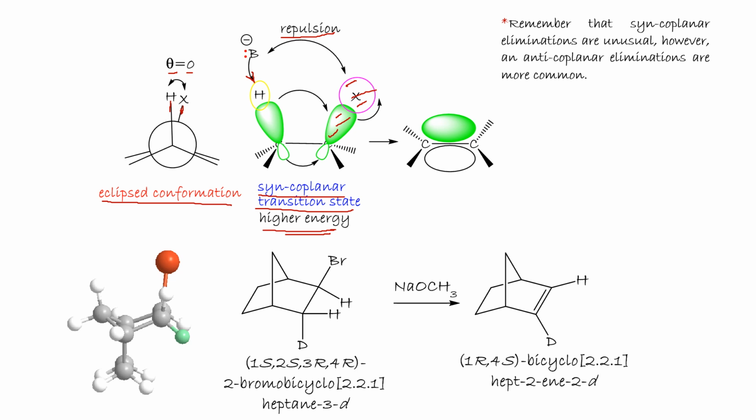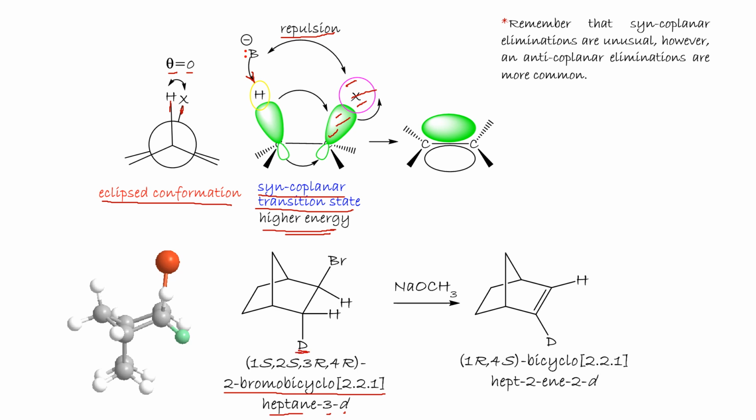Okay, as an example of seeing the syn elimination, starting with 2-bromo bicyclo 2,2,1 heptane 3 deuterium. This is deuterium.